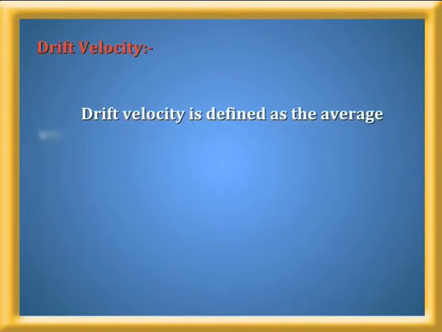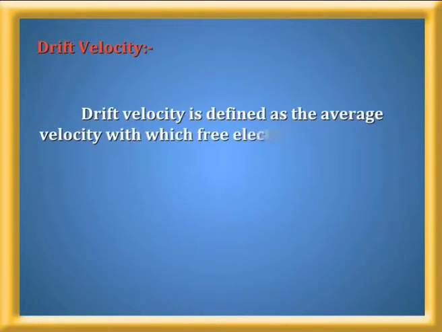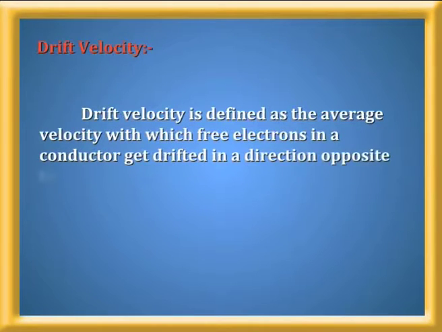Drift velocity. Drift velocity is defined as the average velocity with which free electrons in a conductor drift in a direction opposite to the direction of the applied electric field.